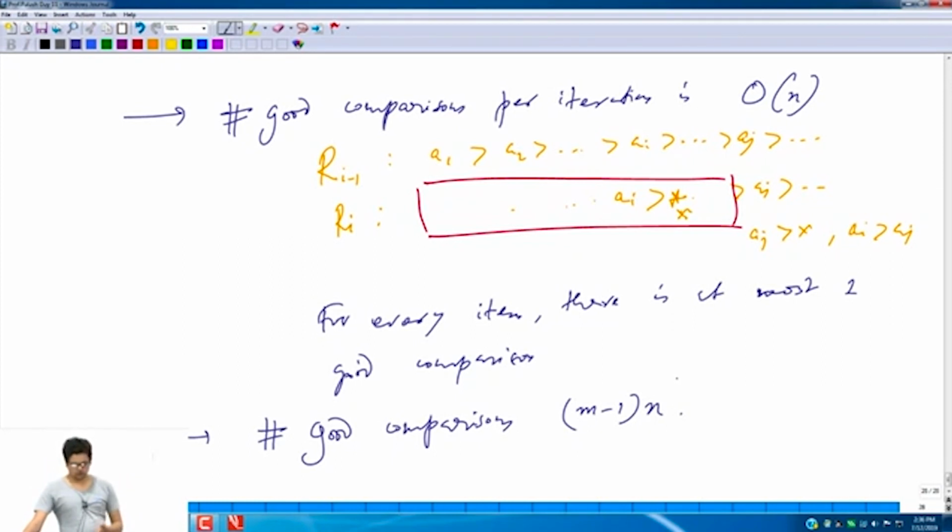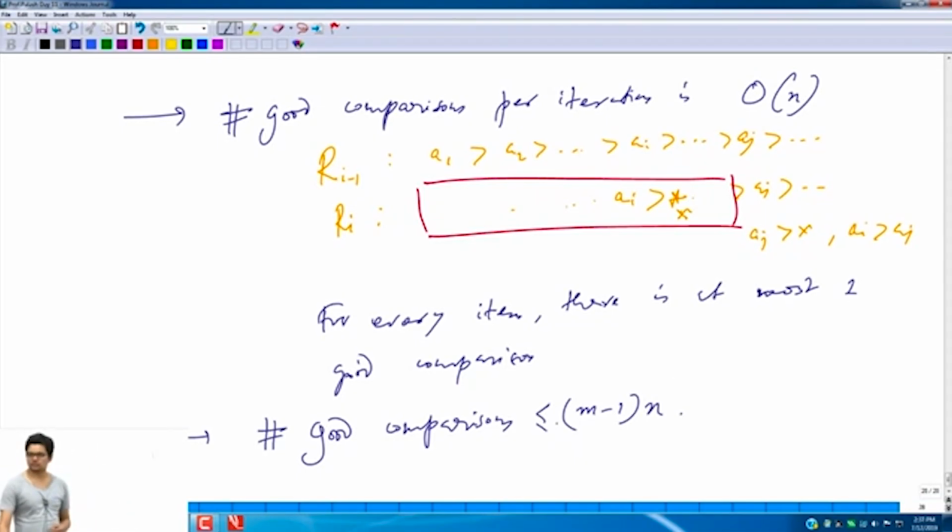Now, let us compute the total bad comparisons. But before that, any question? Yeah. Correct. At most n, yeah. Why am I writing exactly n? Oh, yeah, good comparisons.